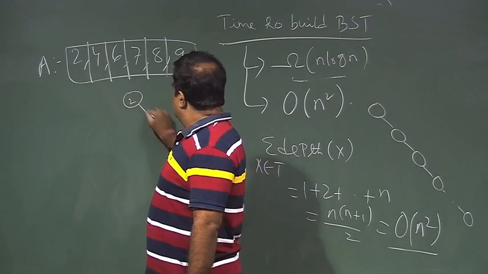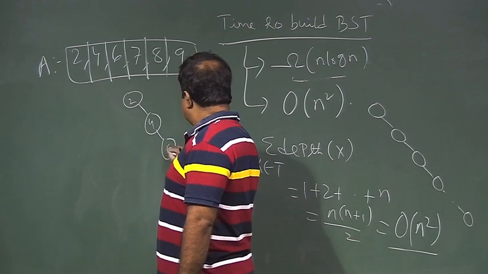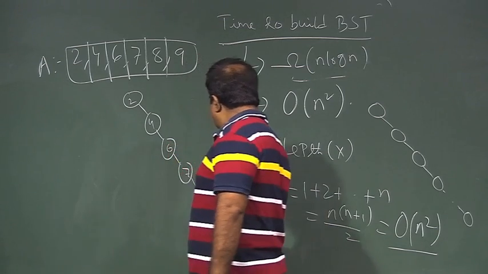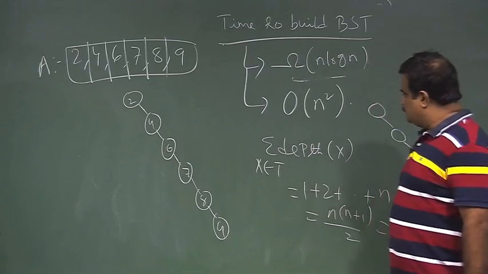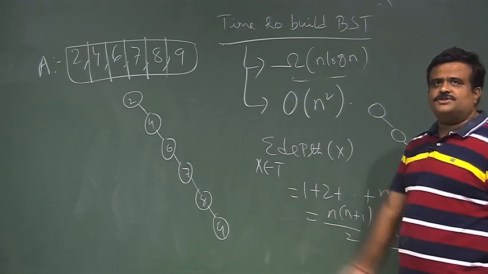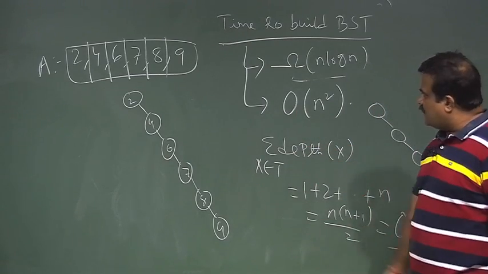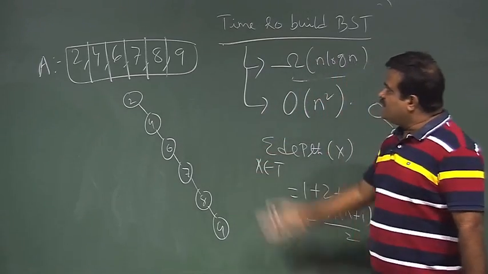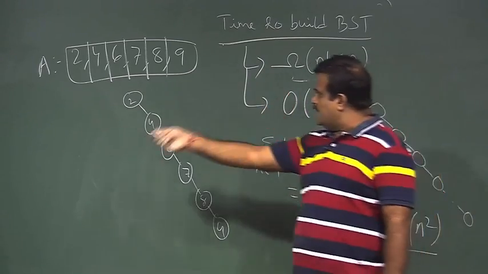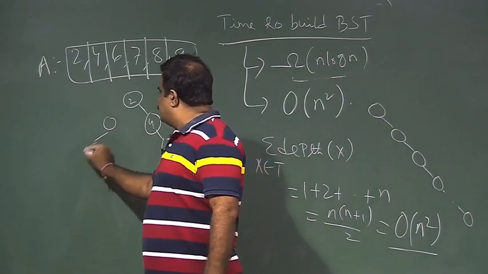To form this tree we need order of n square, because everybody has to compare with all the previous elements. Even if it is reverse sorted, the tree will look like this.